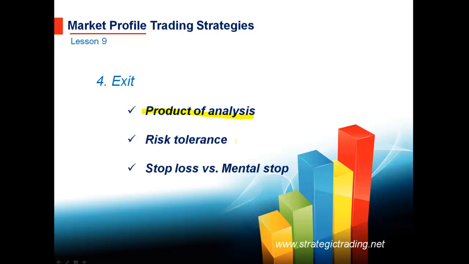Now, where this exit is, and how we come up with it, should always be a product of your analysis, and also to some extent your risk tolerance. Your risk tolerance sort of determines how aggressive you are as a trader, and how conservative you're going to be. If you are more tolerant of risk, you can be a little bit more aggressive as a trader and allow for greater latitude in terms of losses.